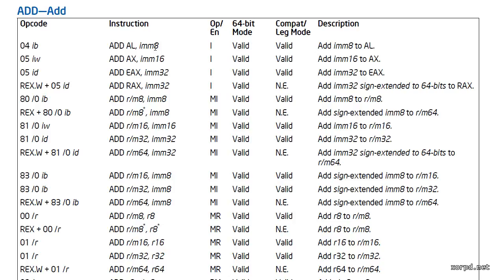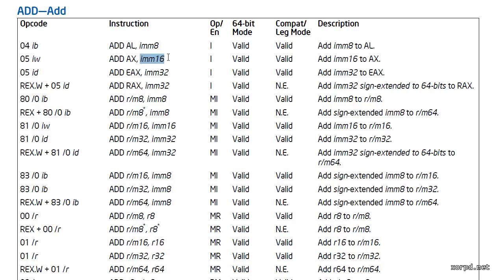You might be wondering, what are those things? For example, IMM8. Let me try to explain briefly the different possibilities. I'm not going to explain everything, but I will explain most of the things that you are going to see. IMM stands for immediate, and IMM8, for example, stands for immediate of size 8 bits, which is a byte.